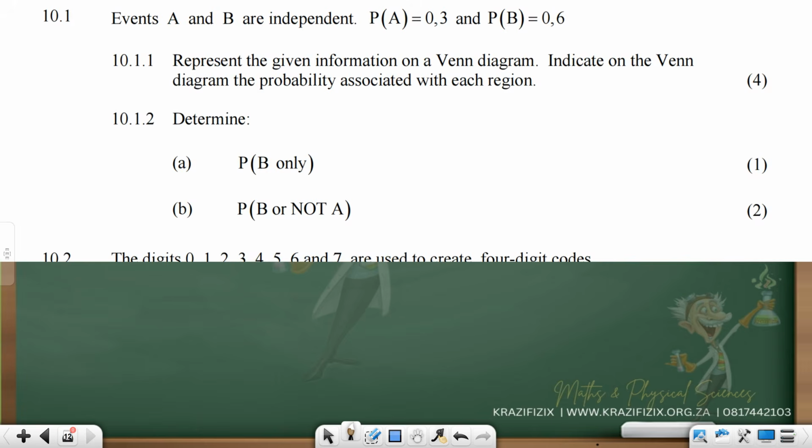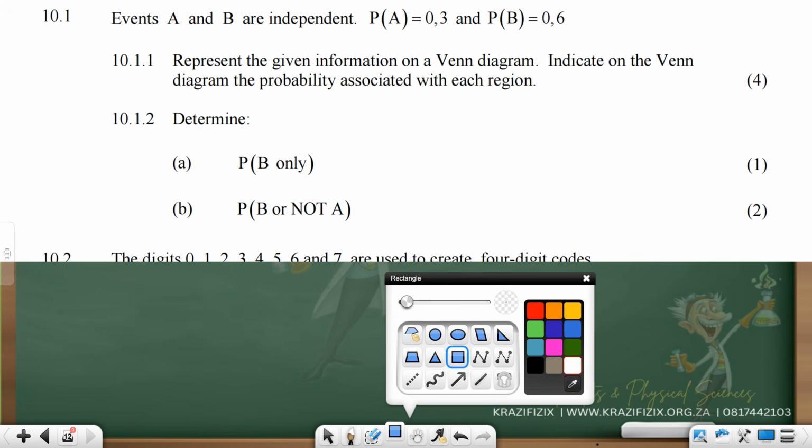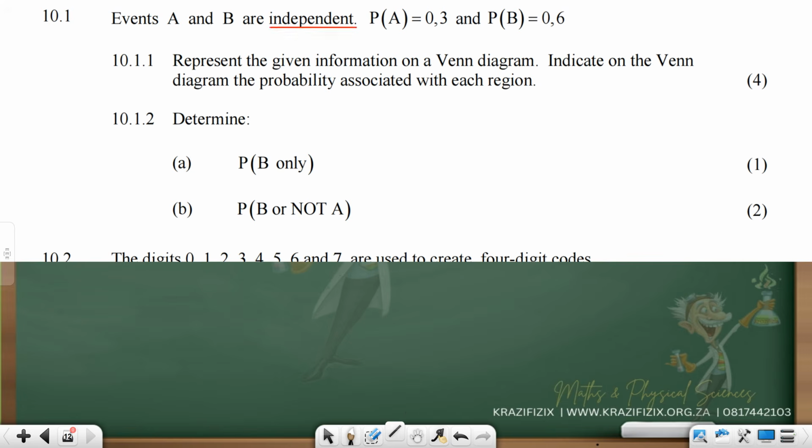Okay, let's try this. Events A and B are independent. Please don't forget what that means. Once I see the word independent, what do I know? The probability of A times the probability of B must be equal to the probability of A and B. Represent the given information on a Venn diagram.